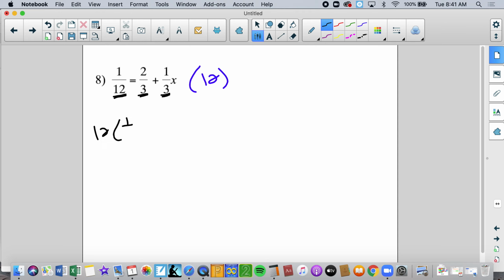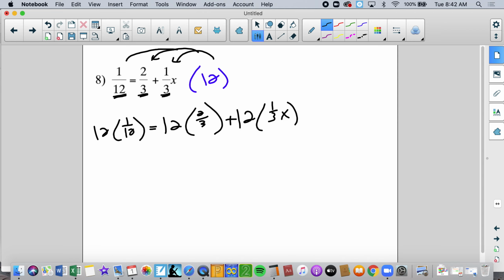12 times 1/12 equals 12 times 2/3 plus 12 times 1/3 x. All we're doing is distributing this to each piece of the equation. So these cancel.